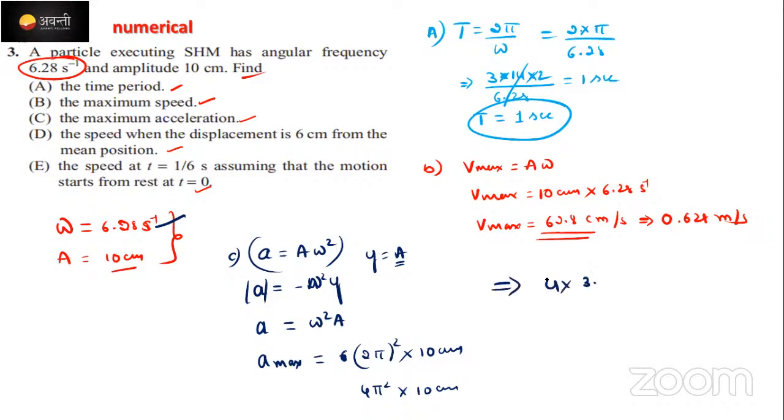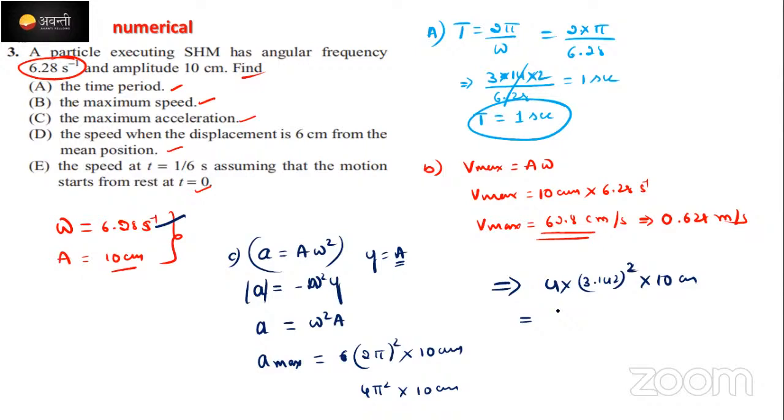I am writing here, guys, 4 into 3.142 whole square into 10 centimeter. It is in centimeter, correct? And next point, 3.142 square comes to around 9.8.